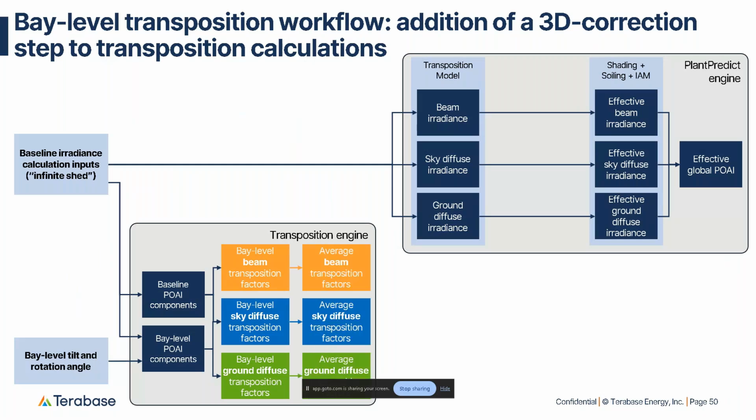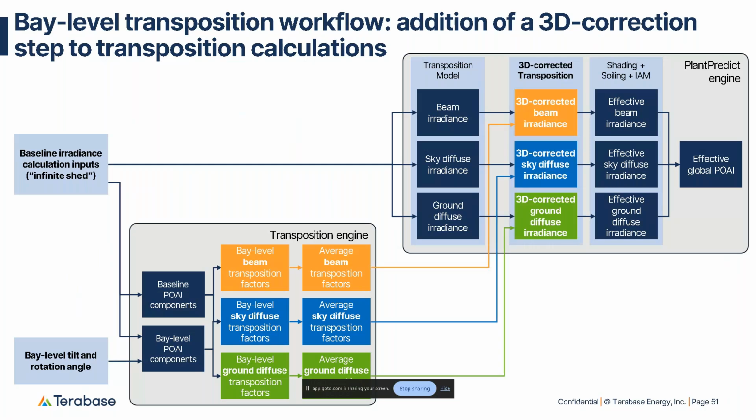We average them for each time step across the whole power plant, and we correct the beam irradiance, sky diffuse, and ground diffuse irradiance calculated from the infinite shade by these scaling factors for the whole power plant. And you see that in the nodal data. Then we intercept the flow, make this correction, and keep going with your other effects, shading, soiling, IAM.